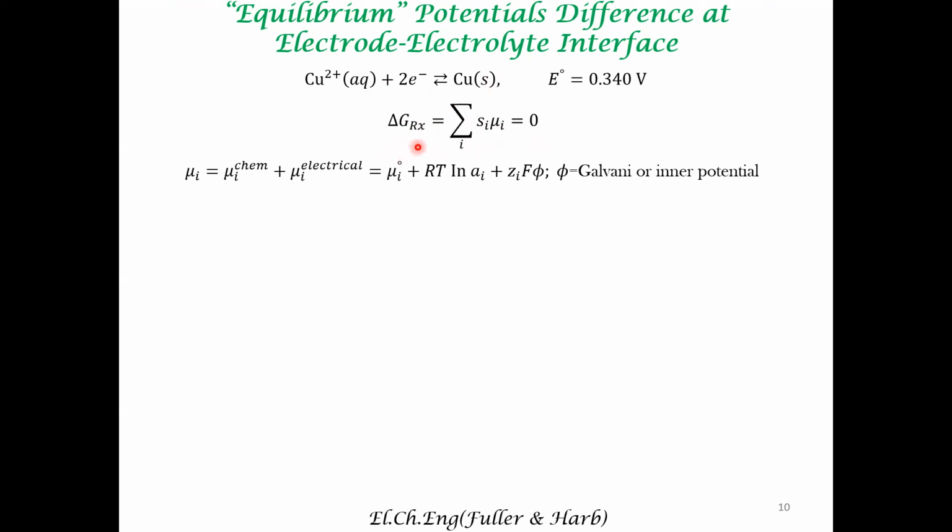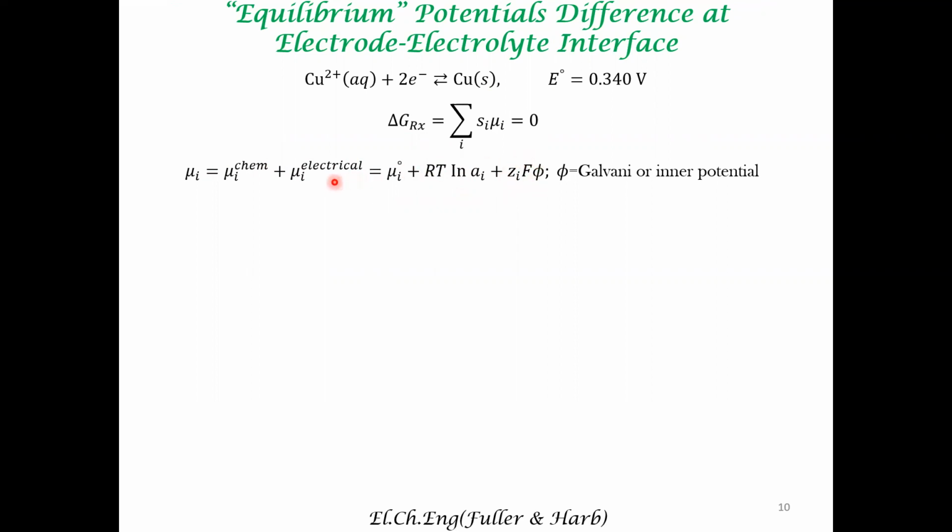The electrochemical potential of Cu2 plus has two parts. There is a chemical component, which is represented using this equation, and there is an electrical component. This chemical component will depend upon the chemical properties, chemical bonding properties, solvation energy, and so on.